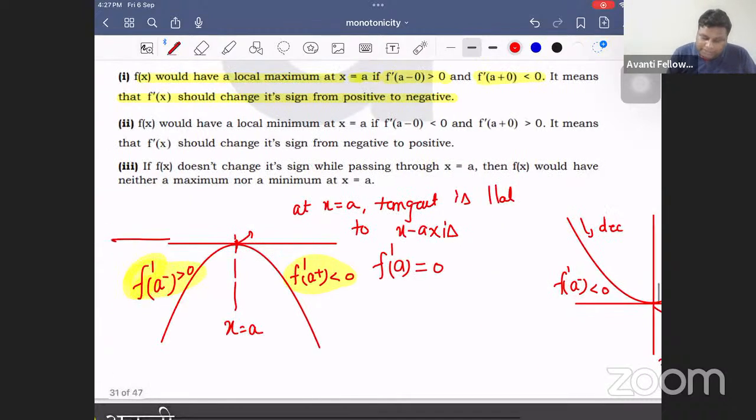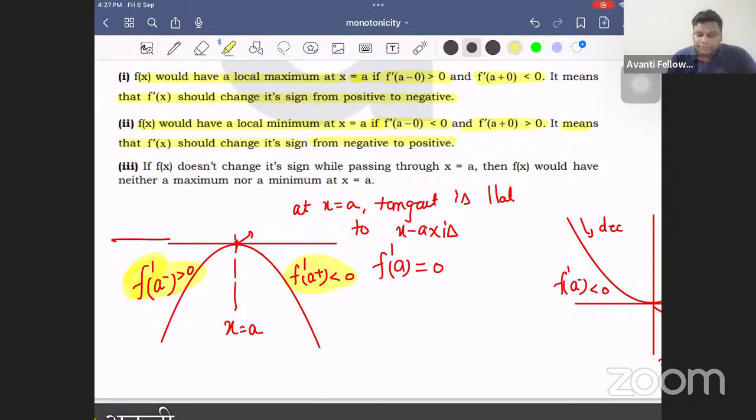So what is happening? f(x) would have a local minima at x equals a if f dash a minus is less than 0, means the function is decreasing before x equals a, and f dash a plus is more than 0, means the function is increasing in the right of x equals a. That means f dash x would change its sign from negative to positive.